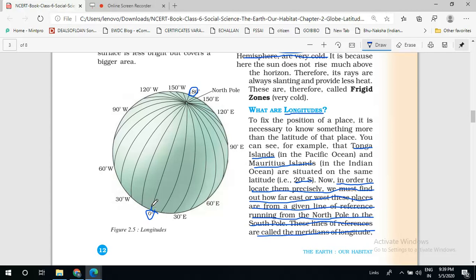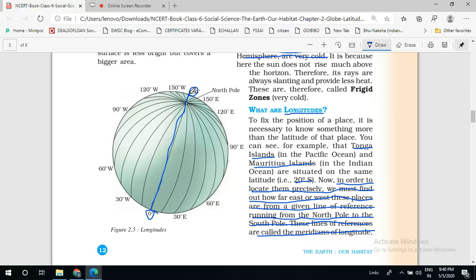In 0 degree and 180 degree, there is no mention of east or west. This is the line 180 degree, which is 0 degree in front. That longitude of meridian is 180 degree in the back. So this is not written east or west.